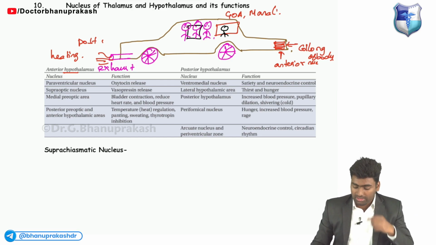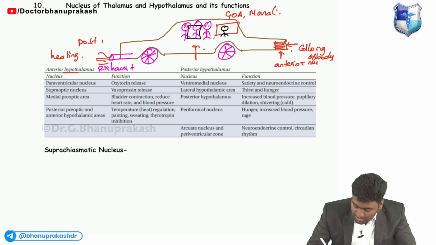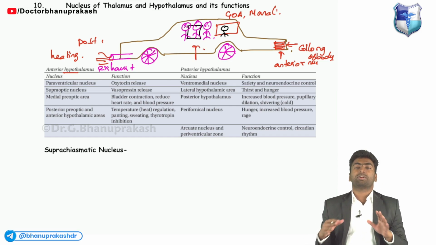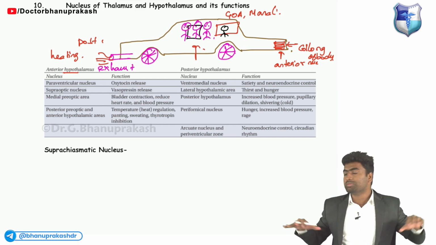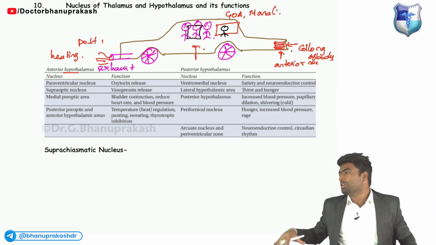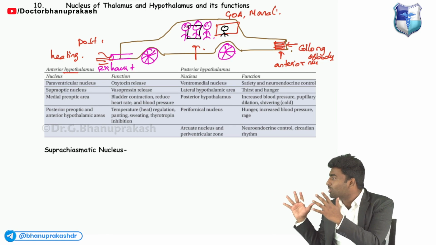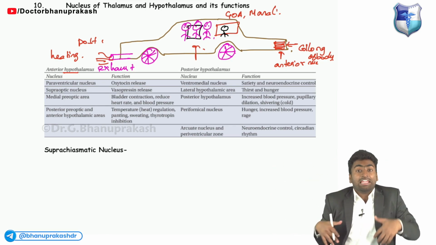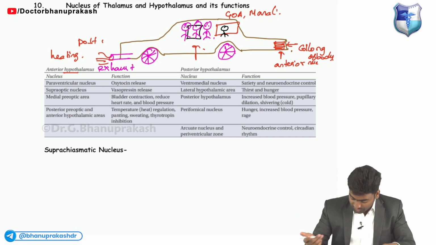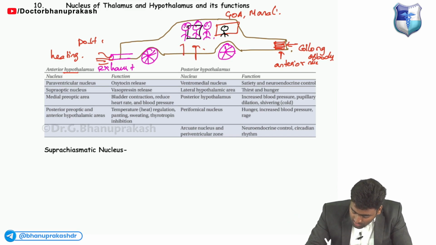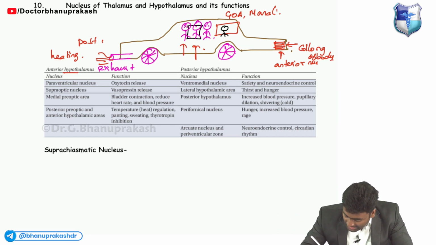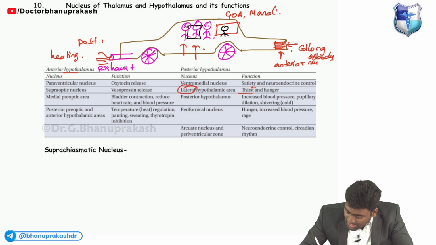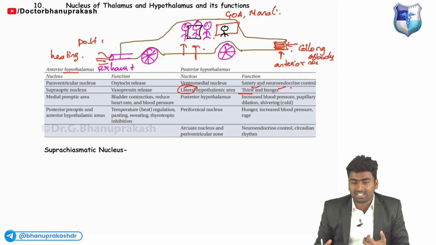Then, you are 4 or 5 friends going here. There will be a person sitting in the middle, and 2 of them sitting on the window side. Those sitting on the window side can explore a lot, they can buy whatever they want, so they will eat more. In case of sitting on the side, we call them lateral. So the lateral nucleus of the hypothalamus has 2 centers, the hunger center and thirst center.